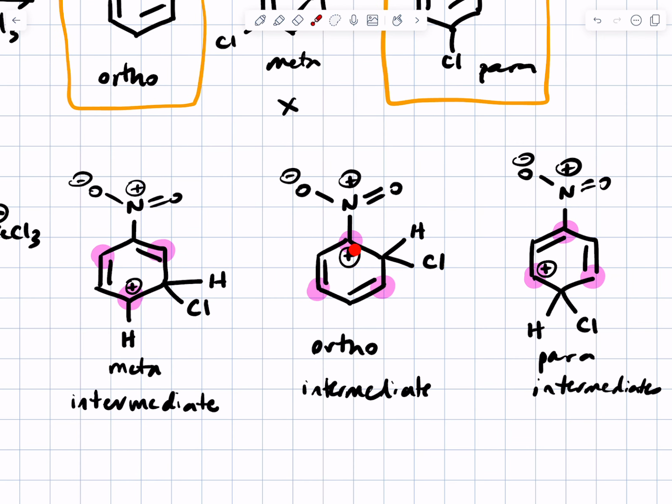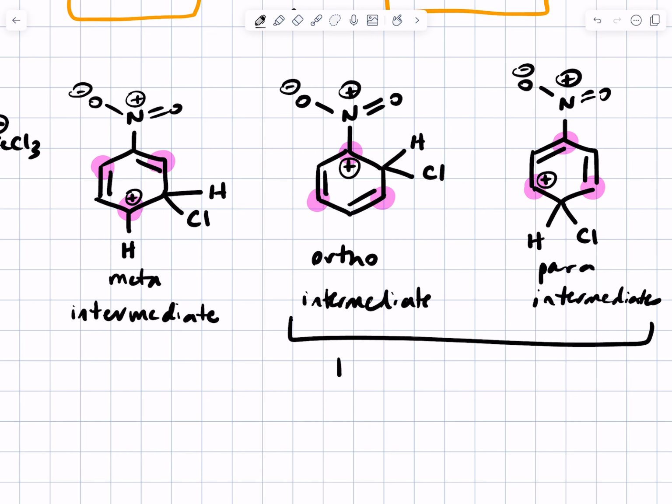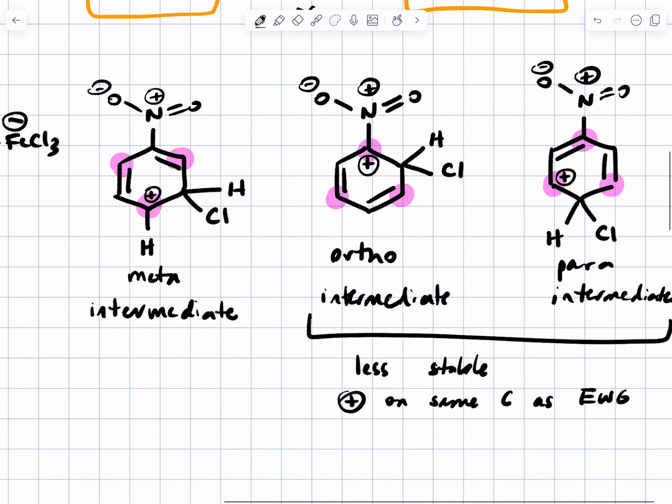Well, you see in the ortho and in the para, that plus charge is on the carbon that's directly adjacent to the electron withdrawing group, the one that has a positive formal charge on it, the one that is, by resonance, already sucking electron density out of the ring. So these two are less stable because they put the positive charge on the same carbon as the electron withdrawing group. So the meta intermediate is just less bad.